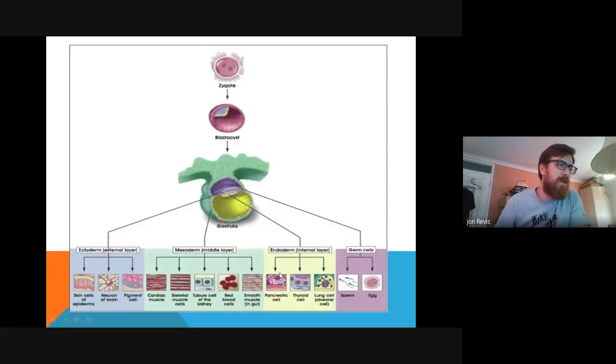And you'll see at the bottom, we can see things like skin and neuron cells coming from the ectoderm. From the mesoderm, we have cardiac muscle. From the endoderm, the internal layer, we have pancreatic tissues. So you can see organ, thyroid cells. And then from germ cells, we have our sexual cells, which are our sperm and our eggs, depending on which gender we turn out to be.